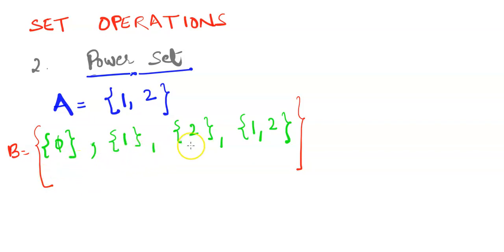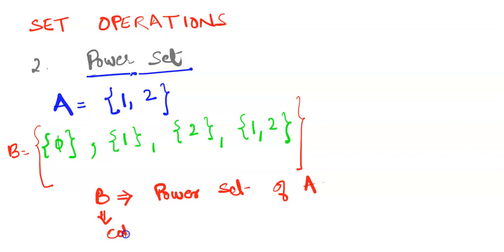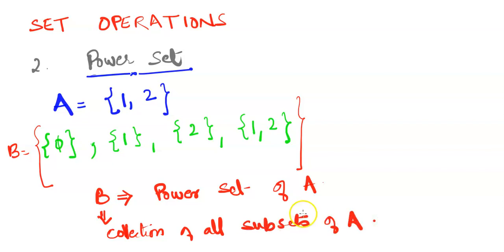The objects here are sets, which are basically subsets of A. So B is then called the power set of A, where B is the collection of all subsets of A.